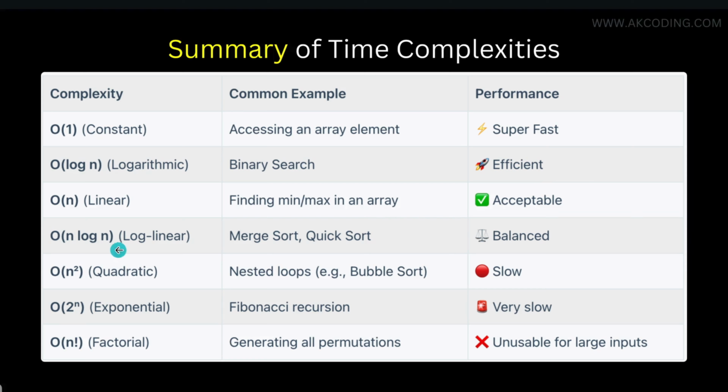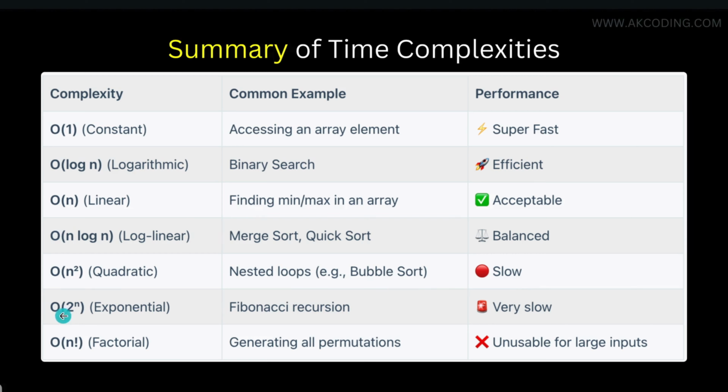O of n log n, which is log linear time, is basically in the case of merge sort and quick sort, that is a balance. We can consider it in some scenarios. O of n square, that is quadratic. Nested loop iteration, that is bubble sort, this is slow.